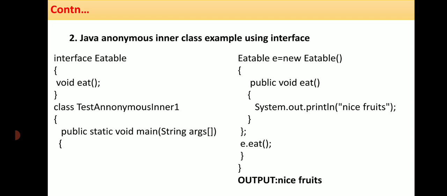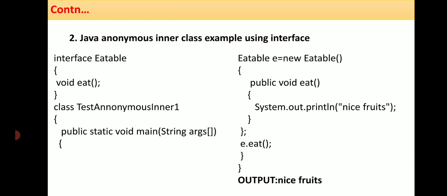Same thing, we create an object of the interface, Eatable e = new Eatable, with public void eat, and System.out.println printing nice fruits. Then we close the eat method, close the object creation for the interface, and using that object we call the eat method of this anonymous class.